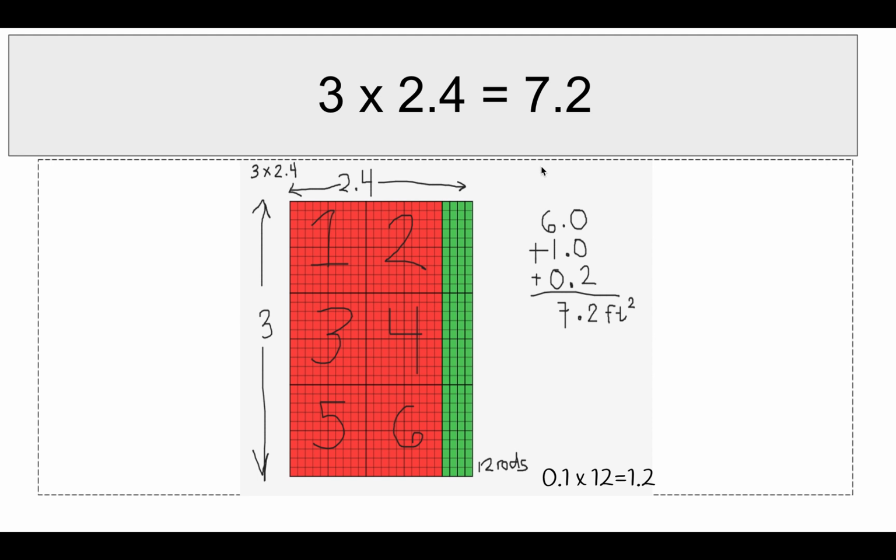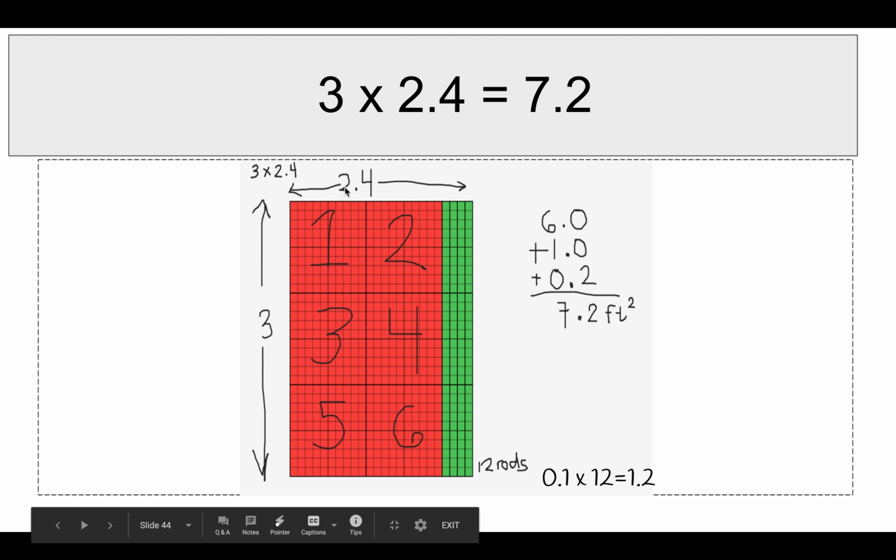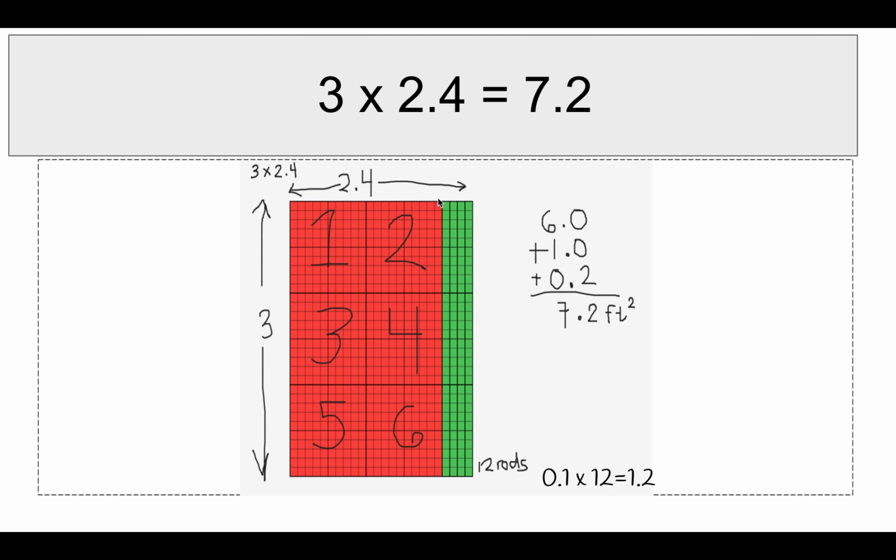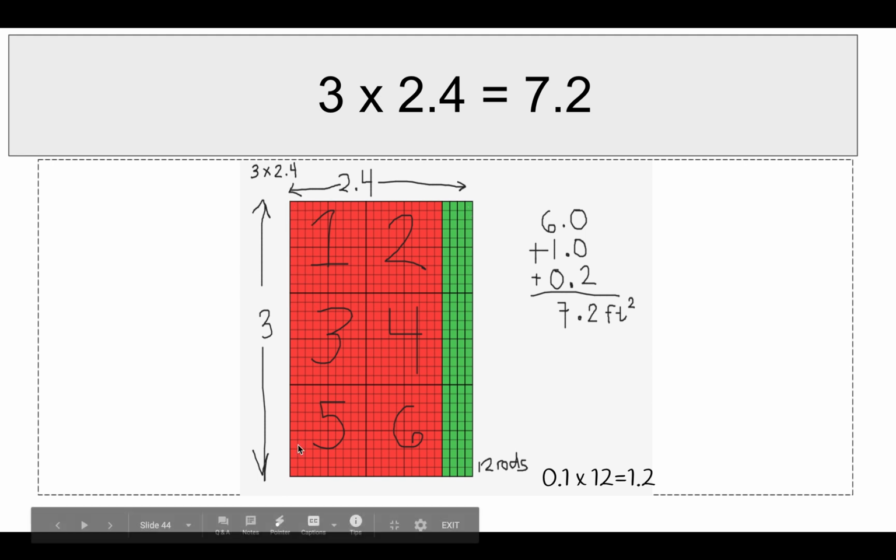So let's check out this example. Here I have a rectangle. It's 2.4 blocks long. So that's 2 whole blocks and 4/10. And it's 3 blocks tall. 1, 2, 3. Now if I look in the area, I see 6 whole blocks.